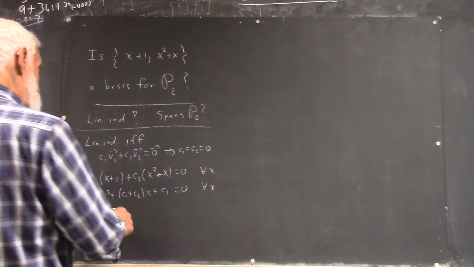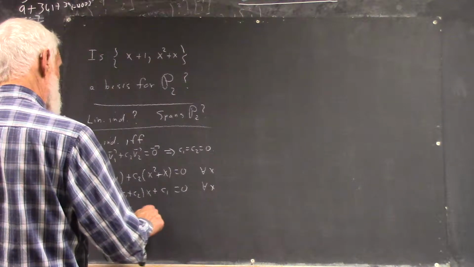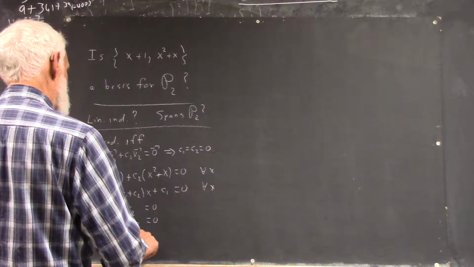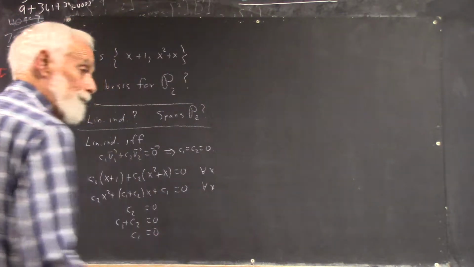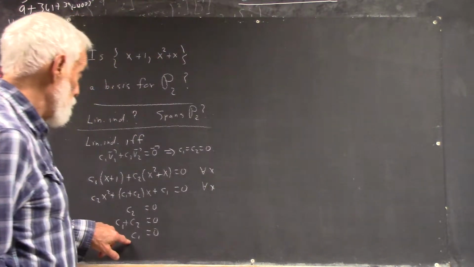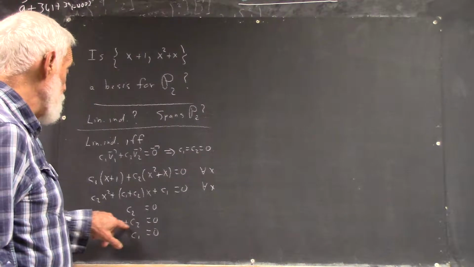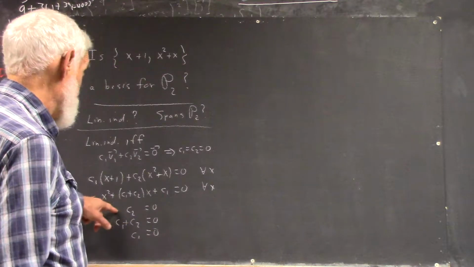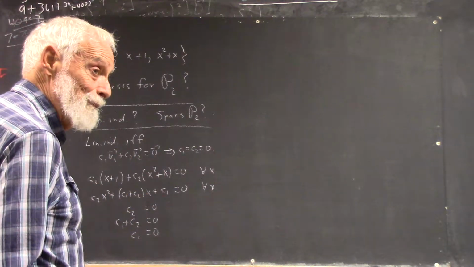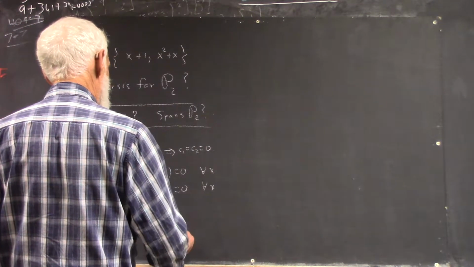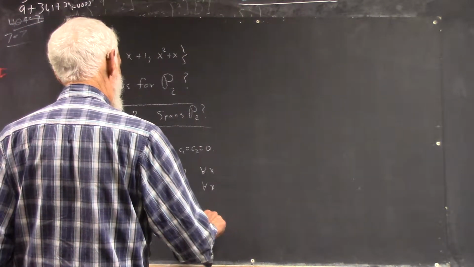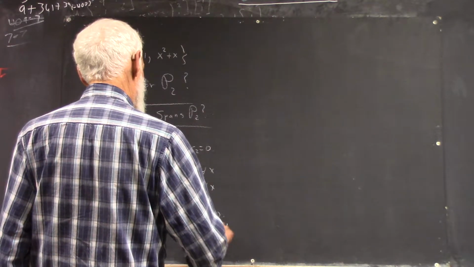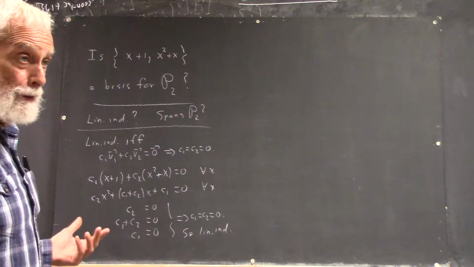Without going into more detail about actually proving that, we get C2 equals 0, C1 plus C2 equals 0, and C1 equals 0. Well, if C1 equals 0, then C1 plus C2 is just C2, so C2 equals 0. And of course, this one says C1 equals 0 anyway.